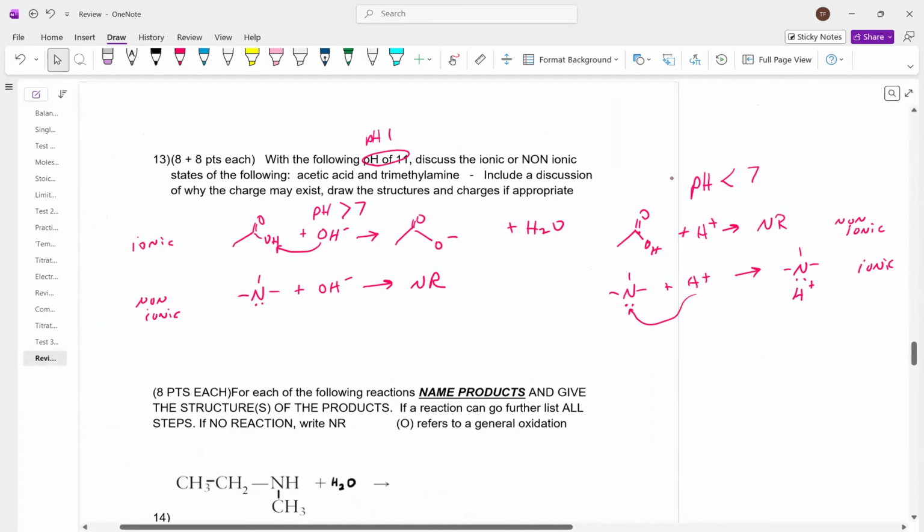So I always have this question on there. The difference between this one and another one might be the pH value.